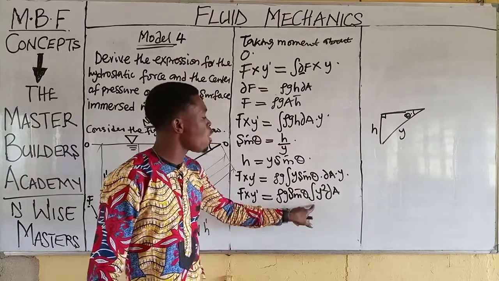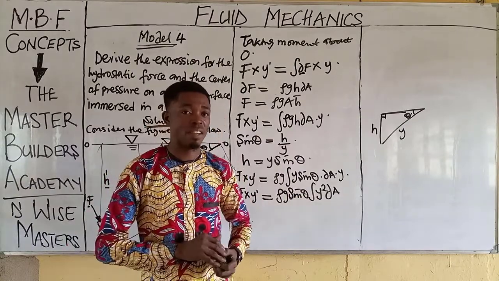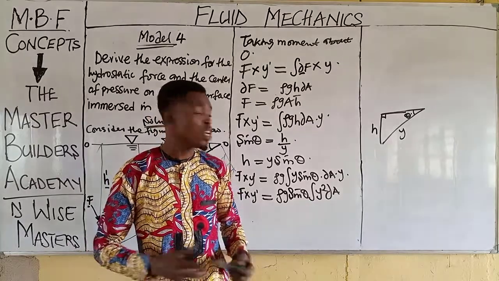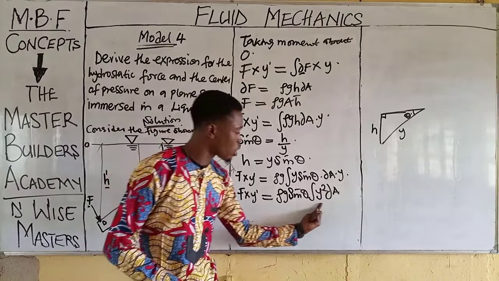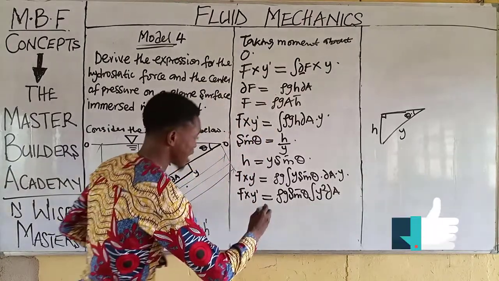Now, integral of Y squared dA is the second moment of area, which is equally known as moment of inertia. So all we simply need to do now is to replace this with the equation of the second moment of area.